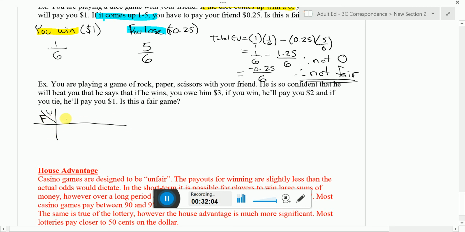So across the top is you. I put a Y for you. You could either do rock, paper, or scissors. Your friend could either do rock, paper, or scissors.